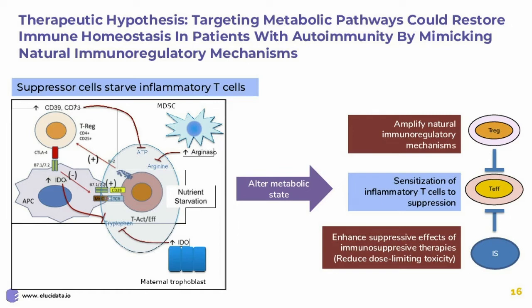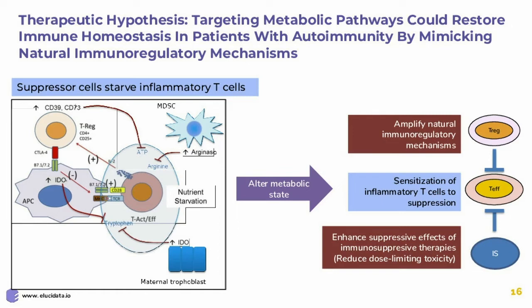And so the question that we had from the translational perspective was, could we harness some of these powerful processes to actually induce therapeutic immunomodulation for patients that were suffering from inflammatory and immune-mediated diseases.